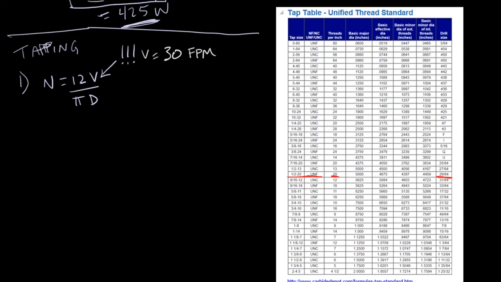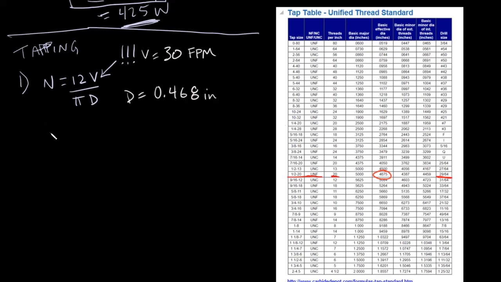So get a red pen and we'll also circle that. So there's a decimal there, 0.4675. And again, maybe we should just round that to 0.468. Change it back to white. So D is equal to 0.468 inches.